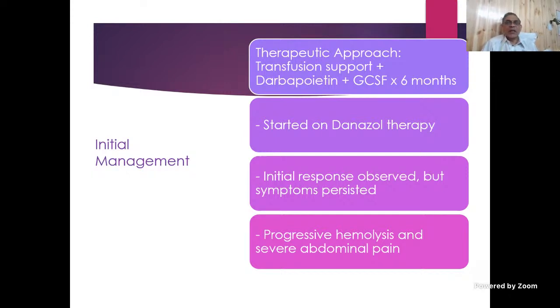So we continued her on transfusion support and supportive therapy; danazol is the standard thing which everybody in India gets if you have any of this group of diseases. Initially, she responded well, but the symptoms persisted. Then there was progressive hemolysis and the abdominal pain actually worsened.